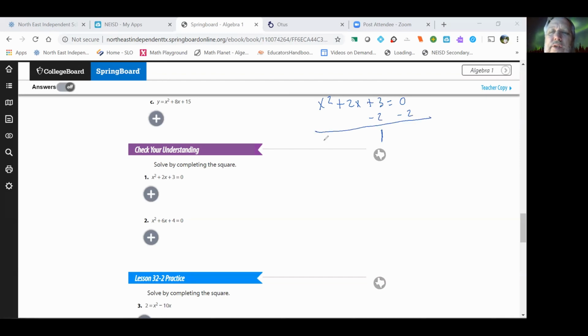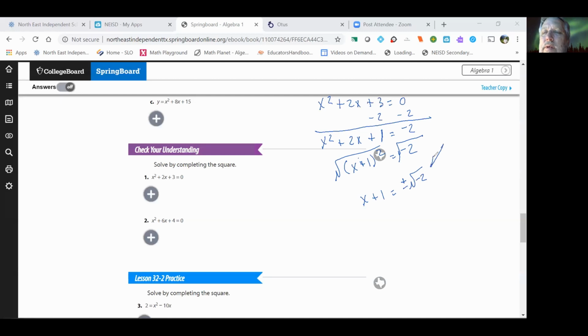So the rest of these I kind of just drop down. x squared plus 2x plus 1. And that's going to equal -2. So now as this perfect square trinomial, I rewrite it as a binomial squared. So it's x plus 1 squared is equal to -2. I take the square root of both sides. And we end up with x plus 1 is equal to plus or minus the square root of -2.